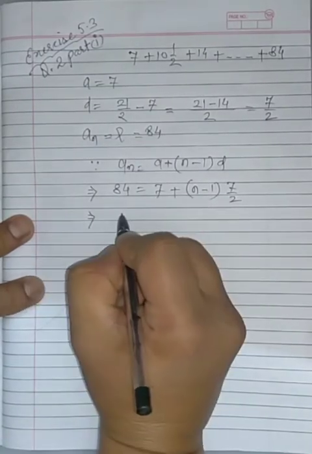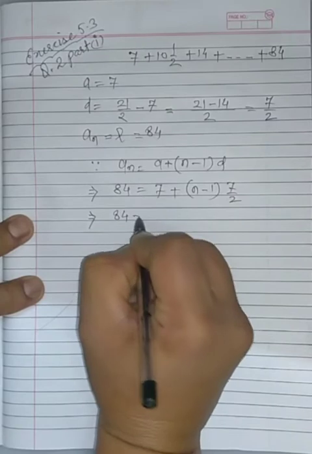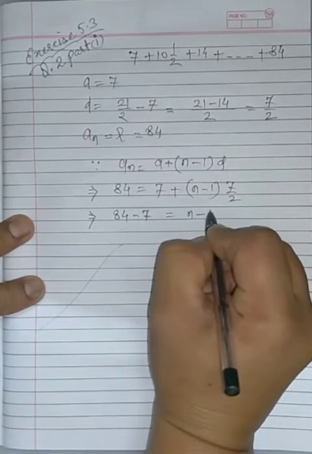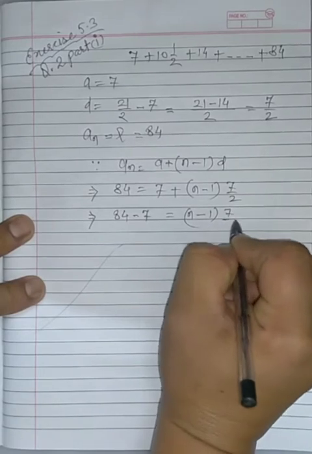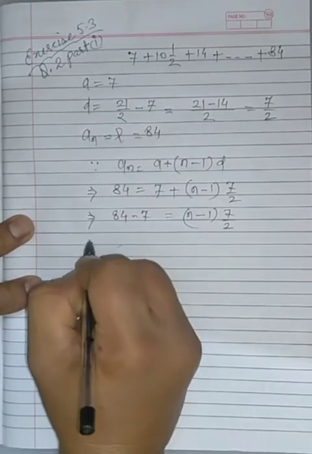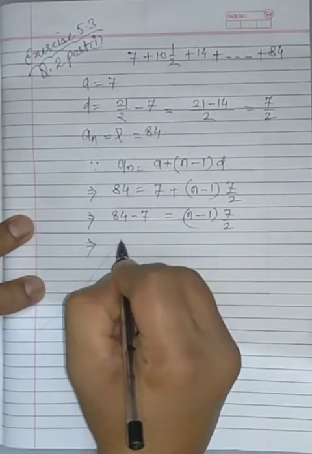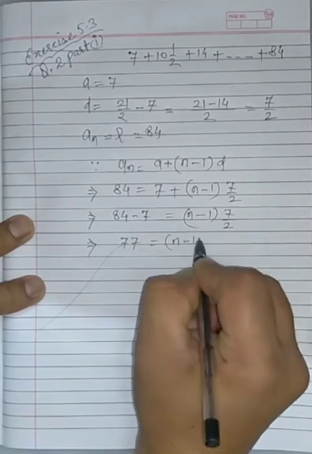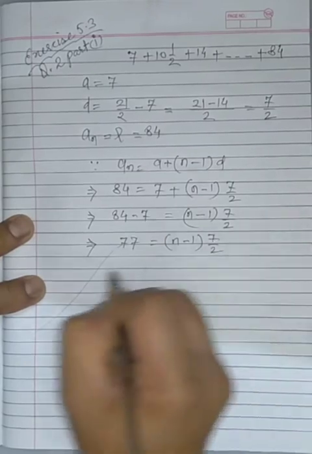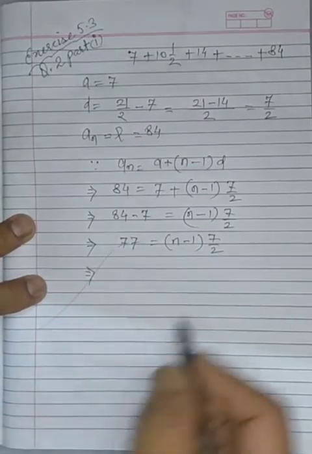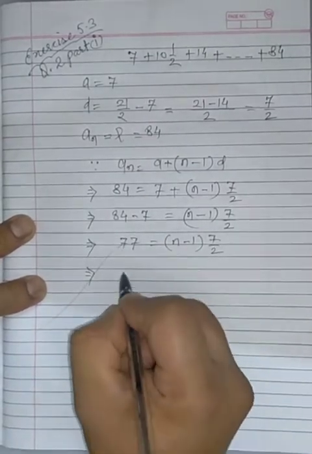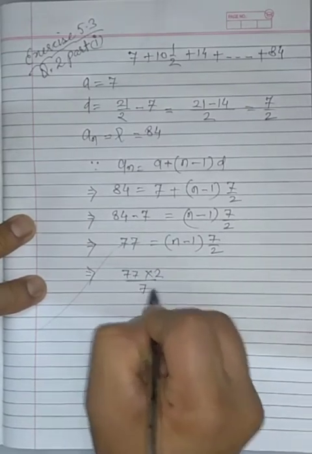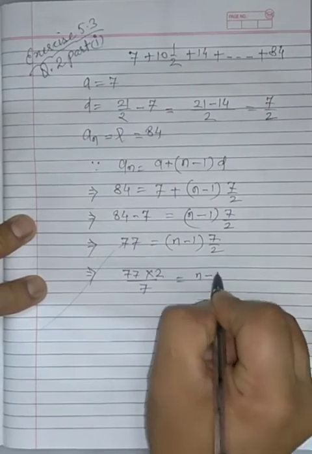That implies 84 minus 7 is equal to n minus 1 into 7 by 2. That implies 84 minus 7, which is 77, is equal to n minus 1 into 7 upon 2. If we cross multiply the 7 upon 2 to this side, it will be 77 into 2 upon 7 is equal to n minus 1.